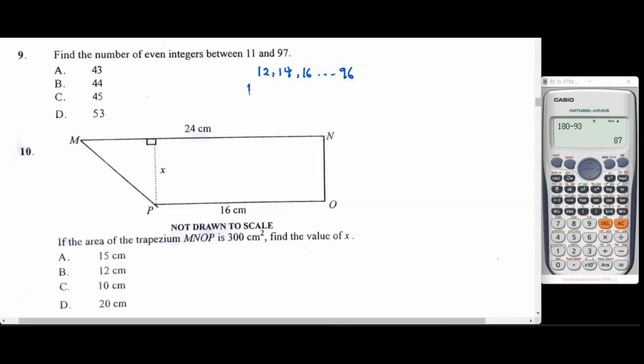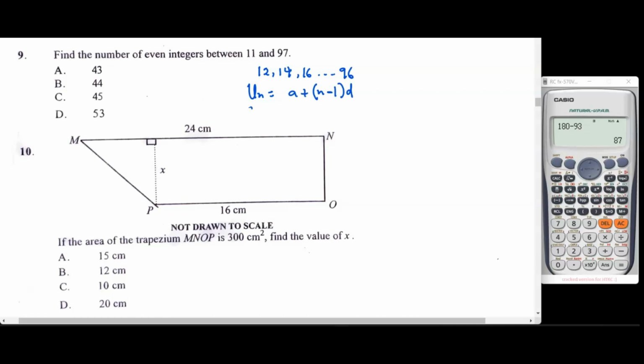So we can use Un is equal to a plus bracket n minus 1 times d. That's finding the nth term of a given sequence. So we are looking for the nth term. We know our last number is 96.